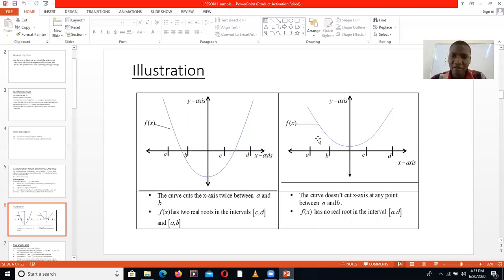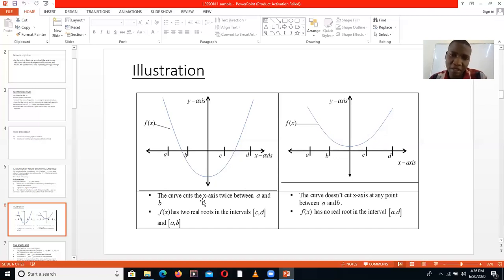On the right hand, you can see that the function you plotted does not cross the x-axis at any point between a and d. So that means that this function has no real roots. So how do we conclude after obtaining such curves? You will say the curve cuts the x-axis twice.